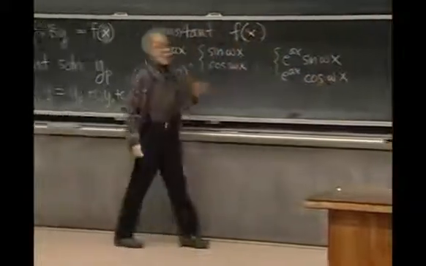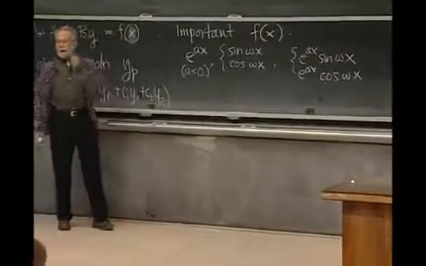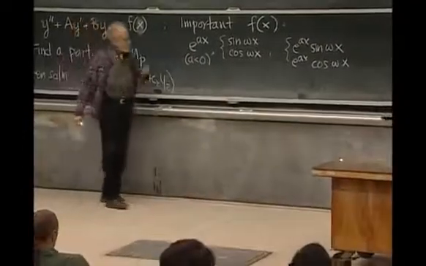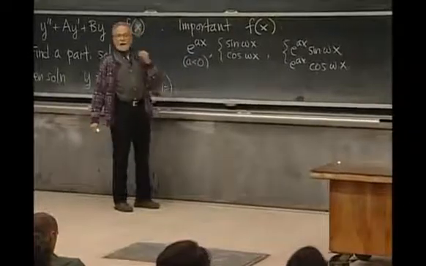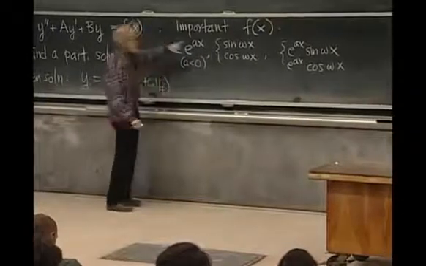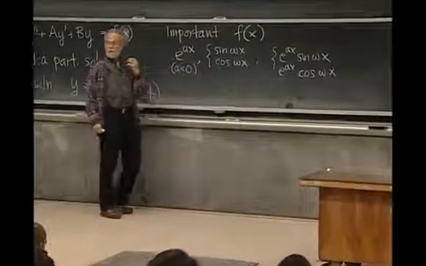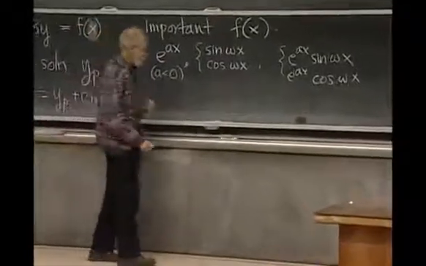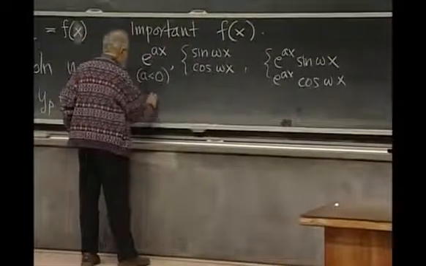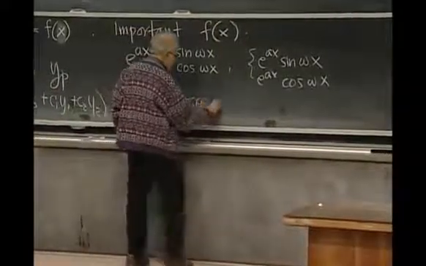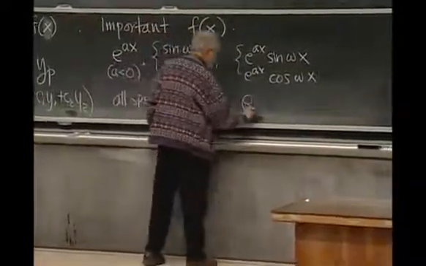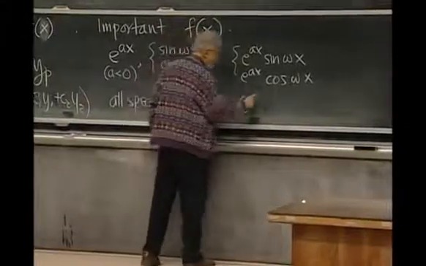Now the point is, all of these together are really just special cases of one general thing, exponential, if you allow the exponent not to be a real number, but to be a complex number. So they're all special cases of e to the, I'll write it alpha x.